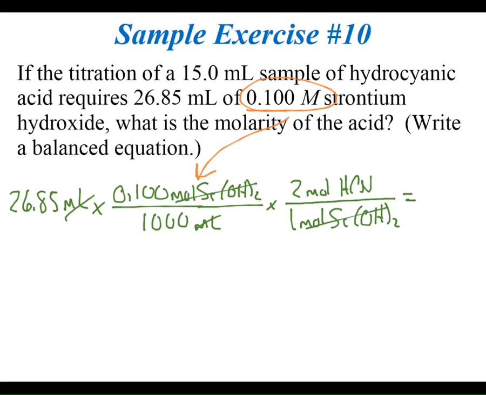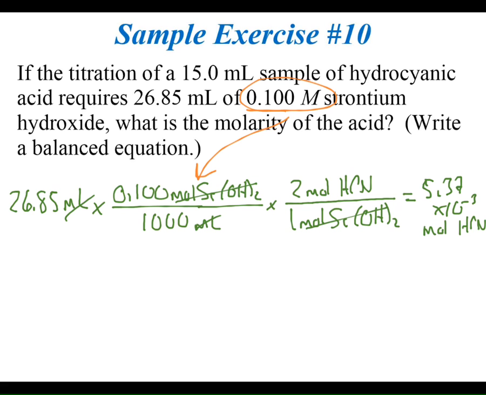So how many moles of HCN? Did you already do it? 0.00537. Yeah. 5.37 times 10 to the negative third moles of HCN.